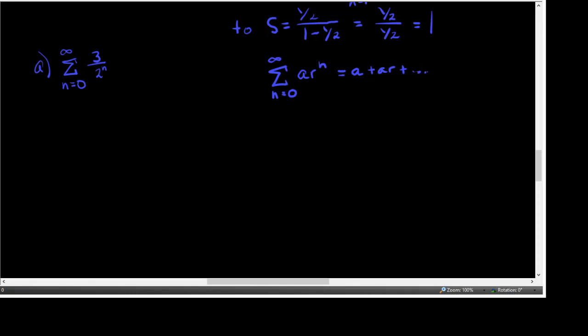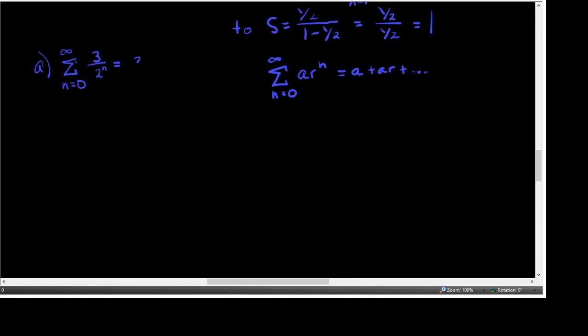At any rate, this one, it's not quite written in that form. What we want to see is a constant, which we're going to call a, times some common ratio to the nth. This first time, I'm going to do it by thinking of it numerically. So 2 to the 0 is 1.